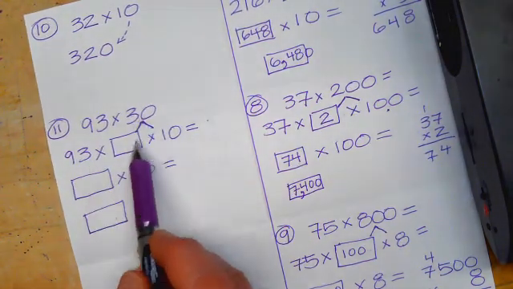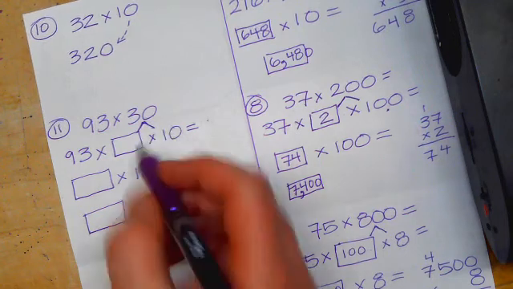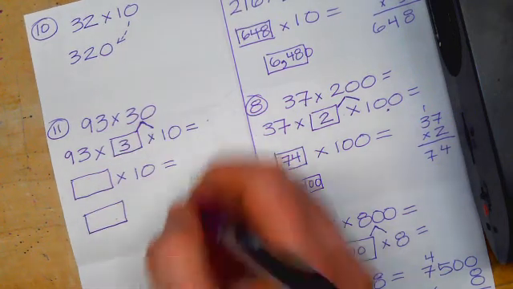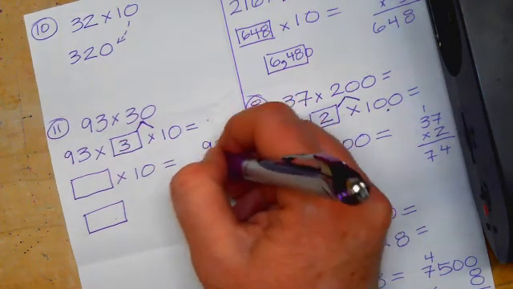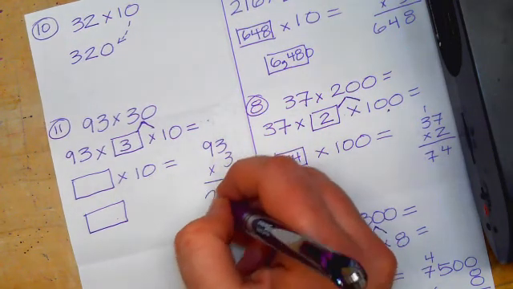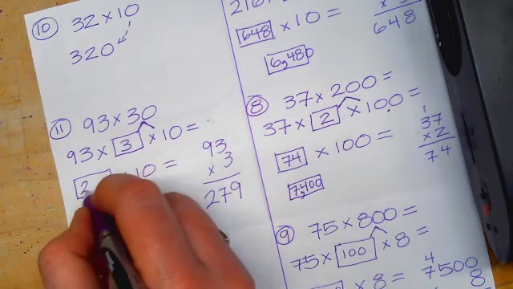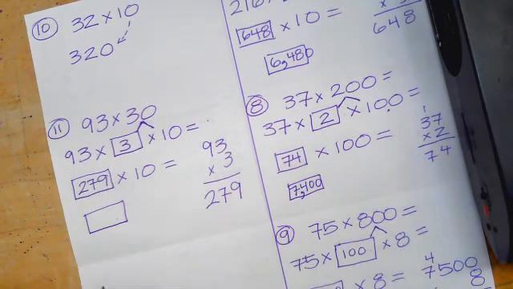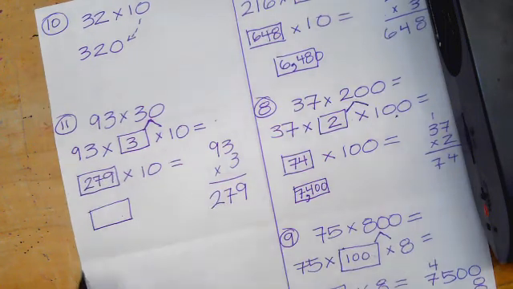So I'm just setting it up exactly like number 7. We're going to break this into 2 chunks. This is going to be 93 times 3 times 10.